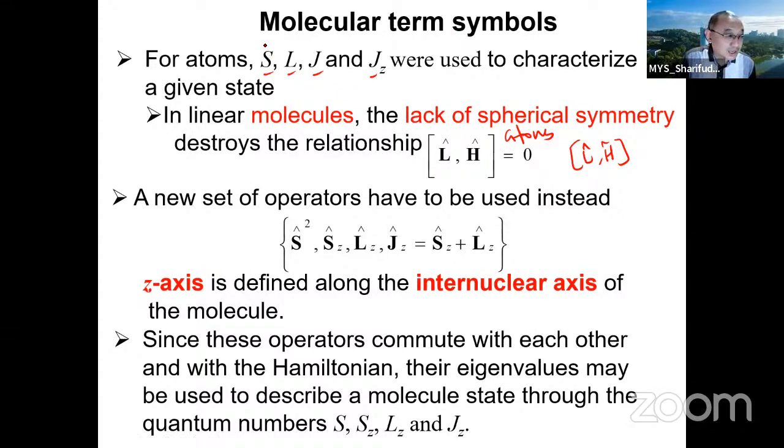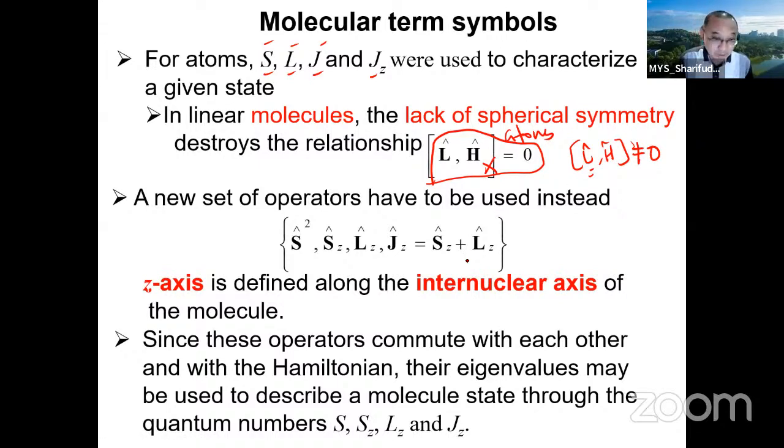JZ nggak perlu lah. Hanya S, L dan J untuk atom, ya. But when we go into molecules, linear molecules, we see that this relationship no longer holds. Yeah, this is for atoms. Right now, for diatomic molecule it is not equal to 0. Yeah, so L no longer commutes, so we cannot use the total angular momentum.